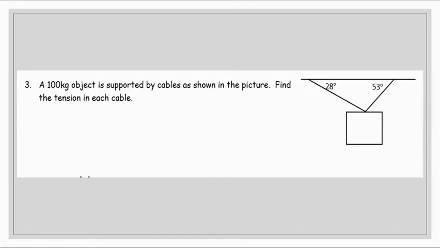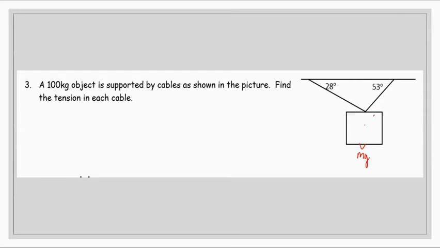Now, this next question is very similar, except it says a 1,000 kilogram object is supported by cables as shown in the picture. Find the tension in each cable. So here I'm given my mass. So this right here is my mass times gravity.